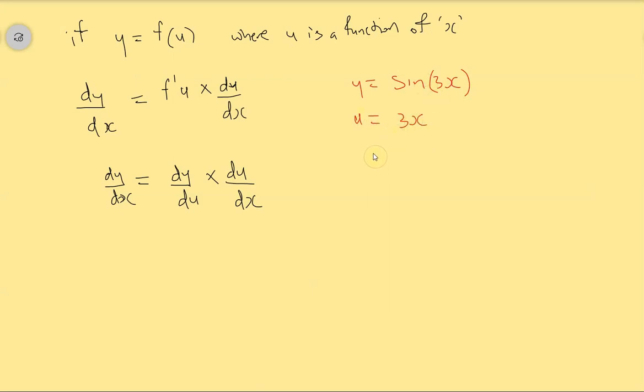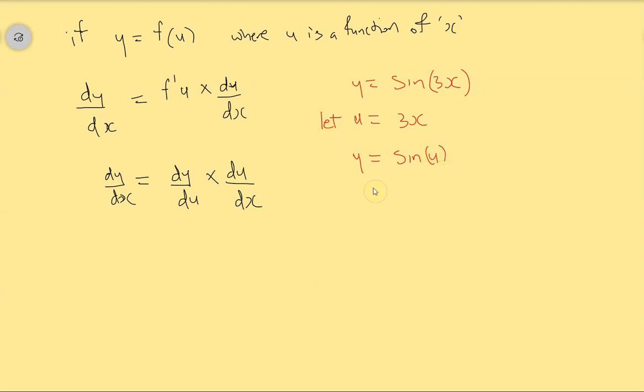Now we would have y equal to sine of u, because we let u equal 3x, so therefore we can substitute 3x for u.